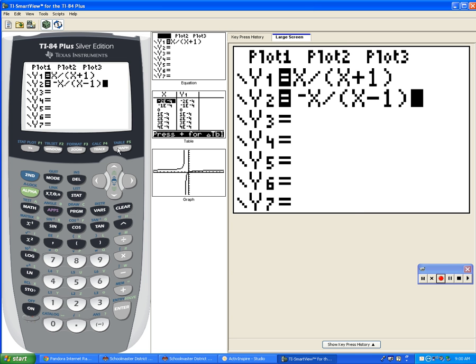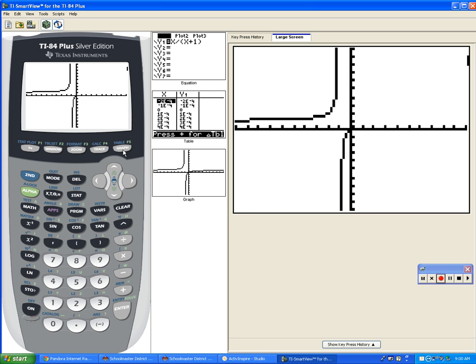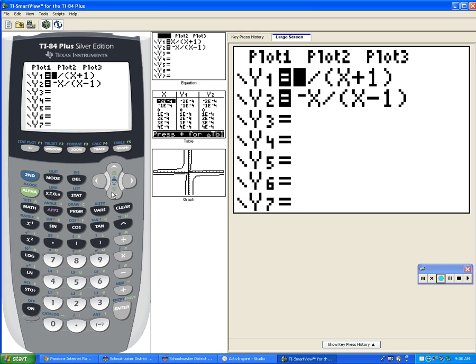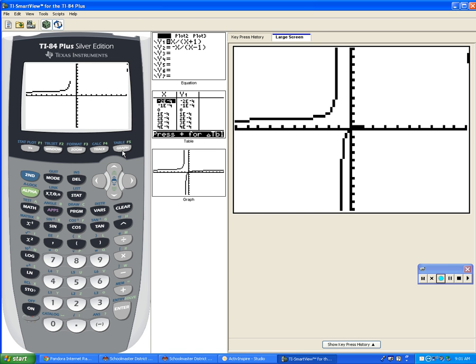Okay? So now if we take a look at the graph, we've got some crazy things going on here. That's not really very helpful. Let me graph the first one only. Okay, so here's the graph of the first function.